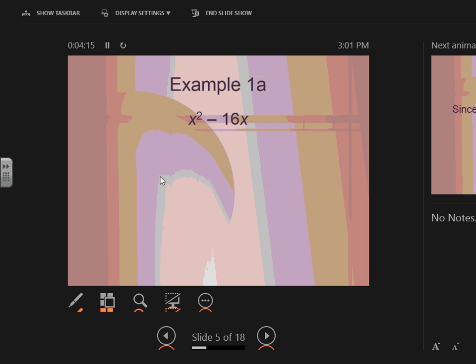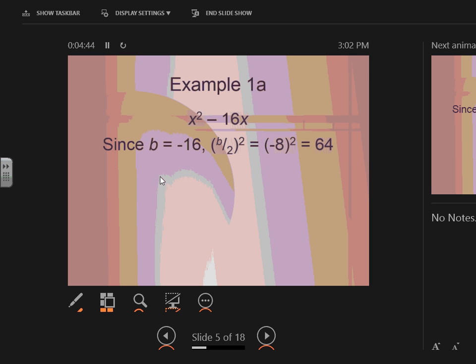All right, so we're given x squared minus 16x. What number do I need to add on to make this a perfect square trinomial? So what is b? Negative 16. If I divide it by 2, I get negative 8. And if I square negative 8, I get 64.